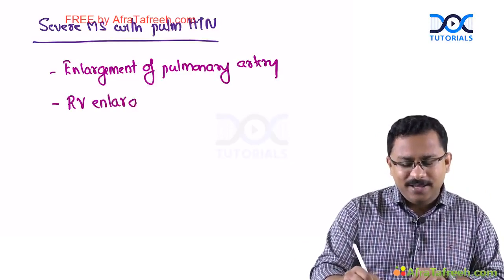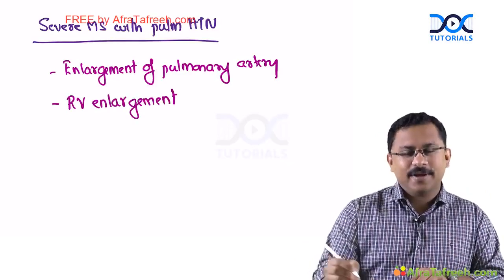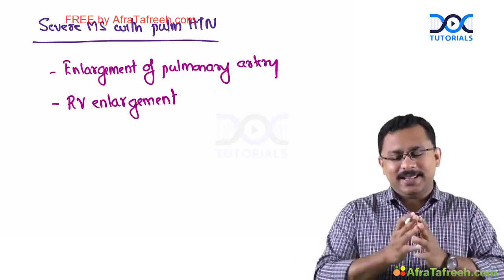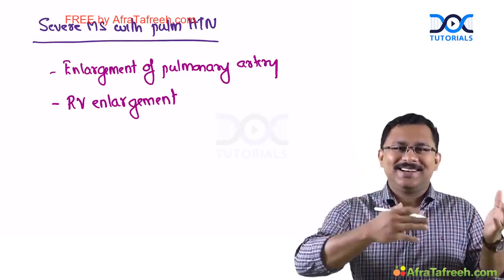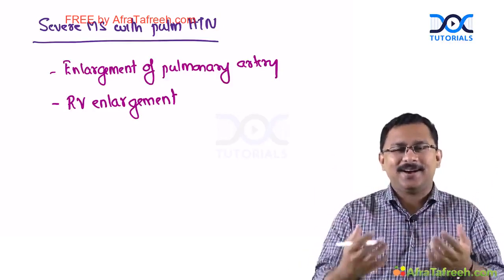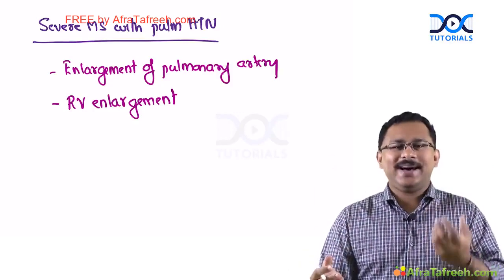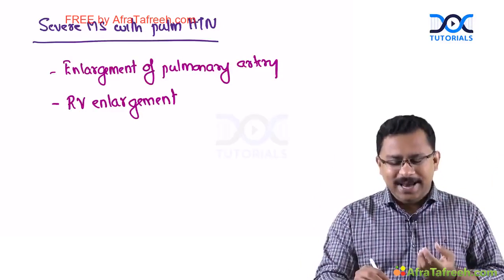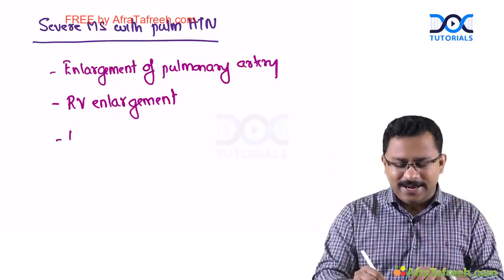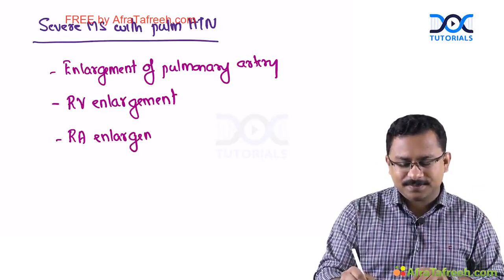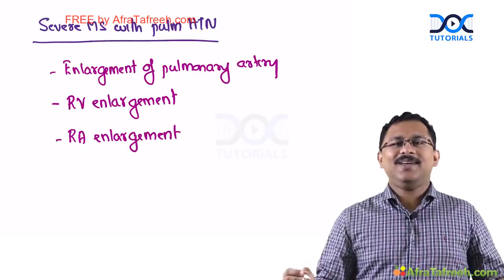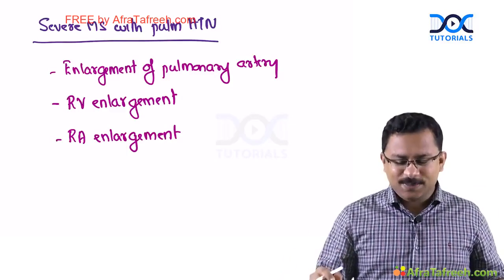If you have cardiomegaly in mitral stenosis, the RV enlargement also contributes. The right ventricle is enlarging, and in extreme cases you can even have right atrial enlargement.